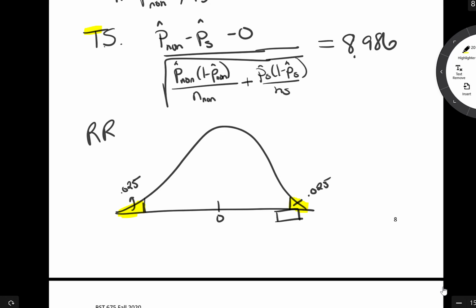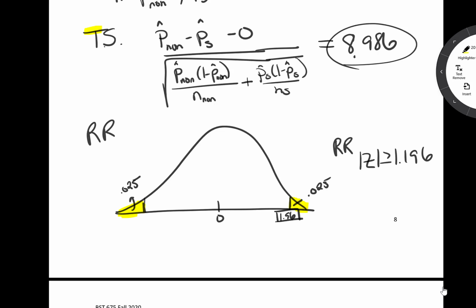That endpoint is that familiar endpoint that you've probably seen a million times, 1.96. So our rejection region is if the absolute value of z is greater than or equal to 1.96. And obviously, z is far greater than 1.96. So in this particular case, we are going to be able to reject the null.